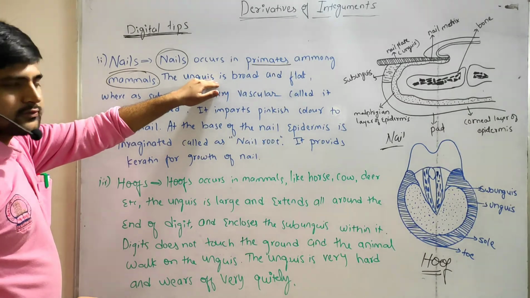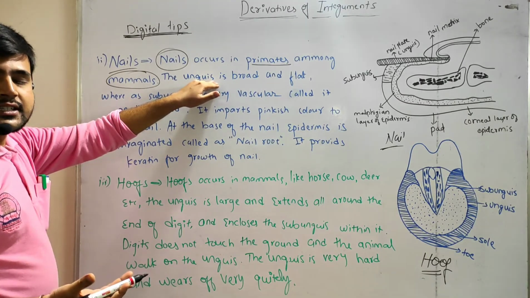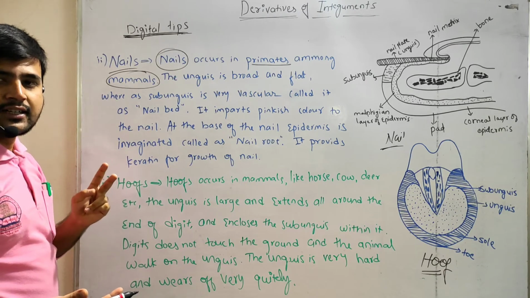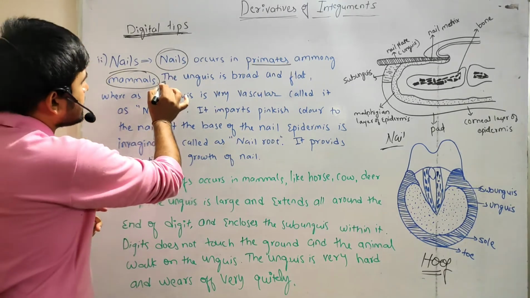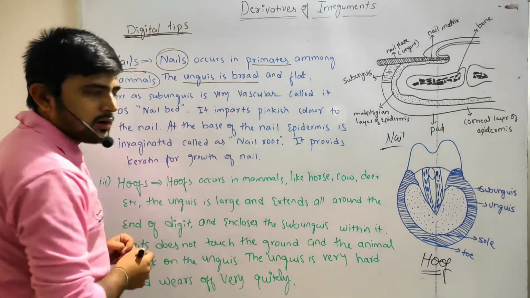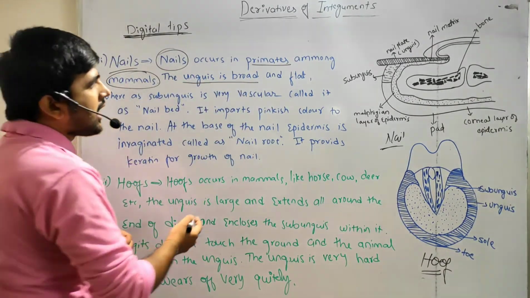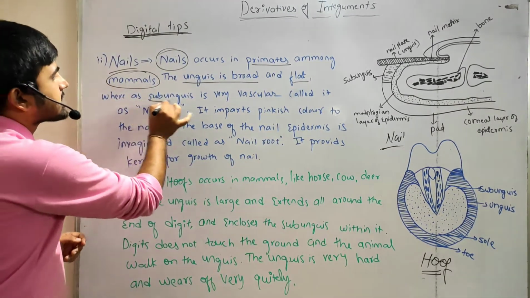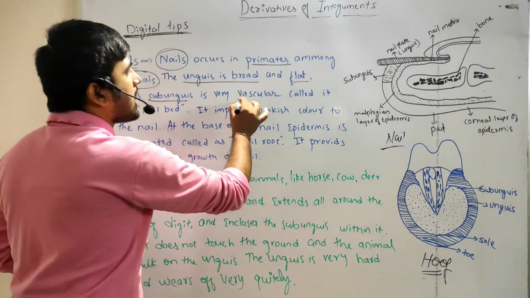We know that the digital discs are made up of two keratin plates, that is anguis and subanguis. In the nail, the anguis is comparatively broad and flat, whereas the subanguis is vascular.